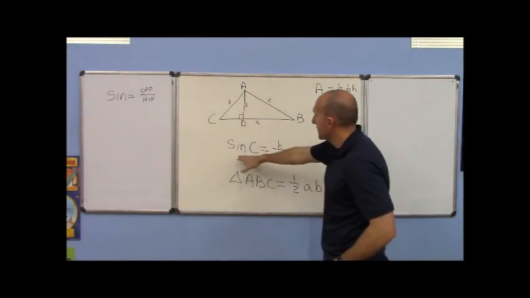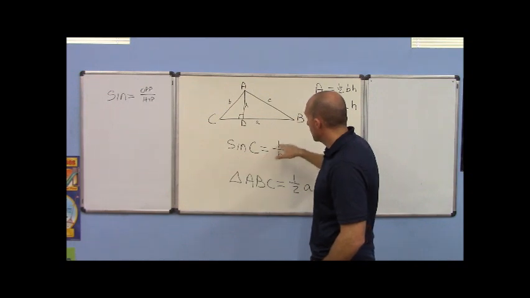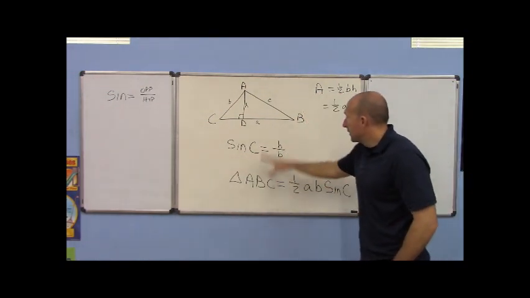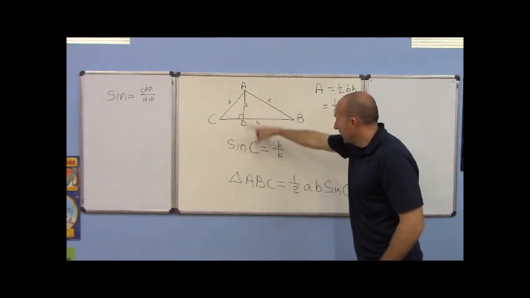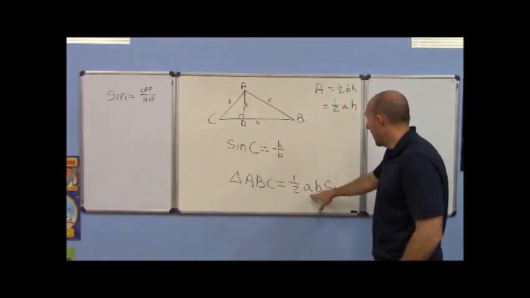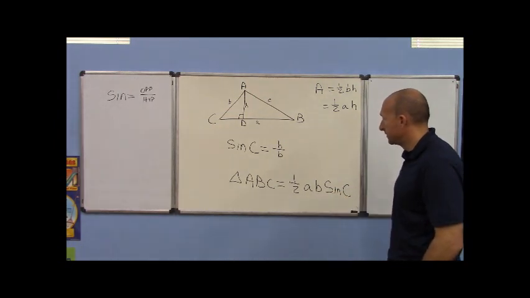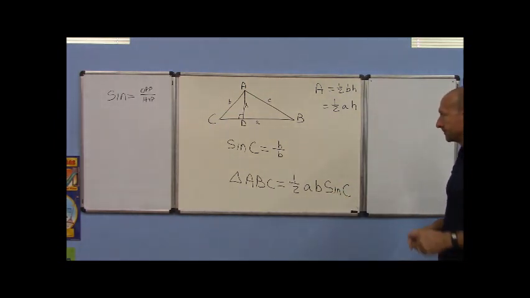So if we know that the sine of C equals H over B, how can we get to the area of triangle ABC equals 1/2 A times B times the sine of C? How can we get there?